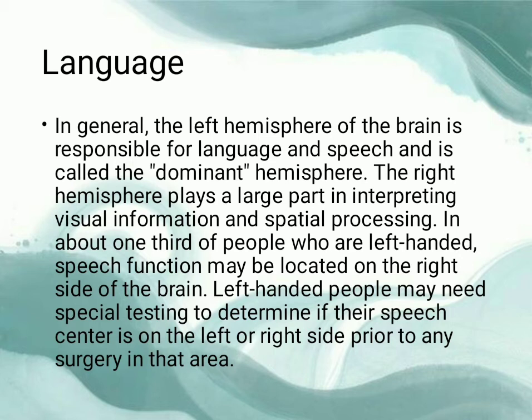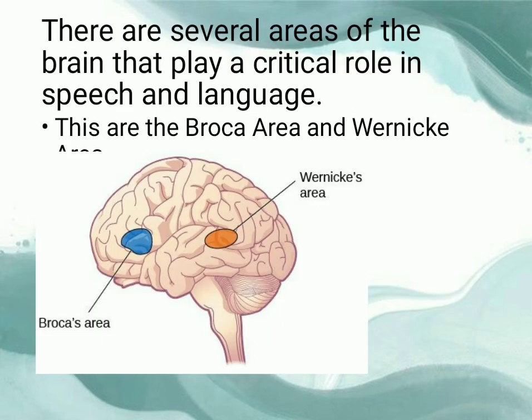There are many types of aphasias, each depending upon the brain area that is affected and the role that area plays in language production. There are several areas of the brain that play a critical role in speech and language. These are Broca's area and Wernicke's area.